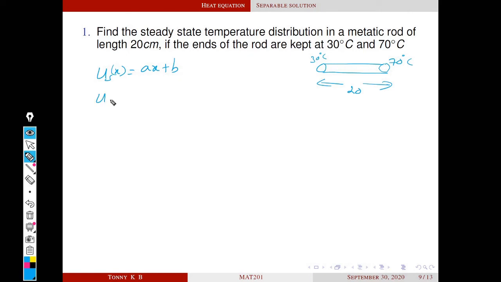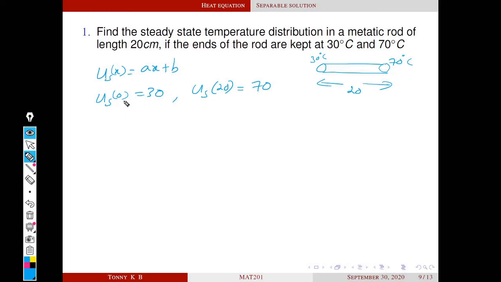That means U_S(0) is equal to 30. On the other end, U_S(20), when x equal to 20, the temperature is always 70. These two conditions are given, and we know that this is our steady state solution. So we have to find a and b using these two conditions.